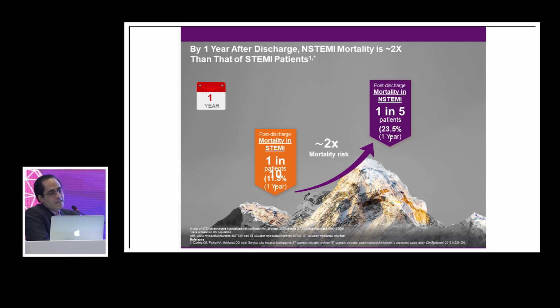The mortality in ST elevation myocardial infarction is almost 1 in 10 patients, almost 11.9%, whereas in non-ST elevation MI, it's almost 23.5%. That shows that the non-ST elevation mortality is higher than the ST elevation MI.